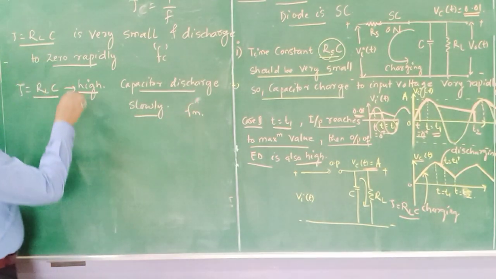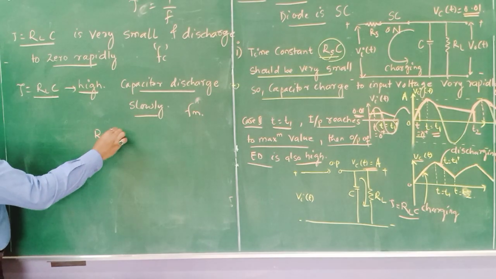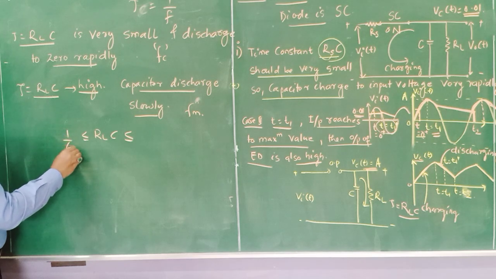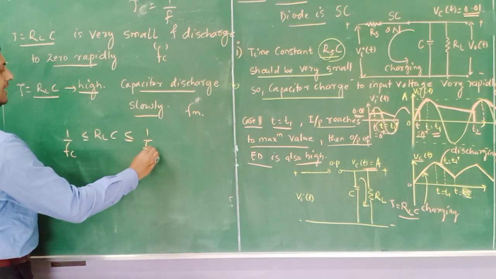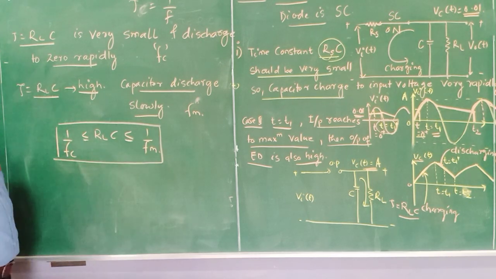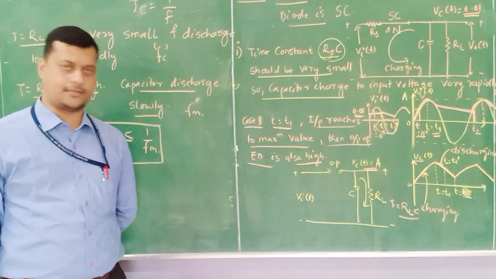So that means my RL into C component must lie between 1 by FC and 1 by FM. So this is the condition through which your envelope detection method works.